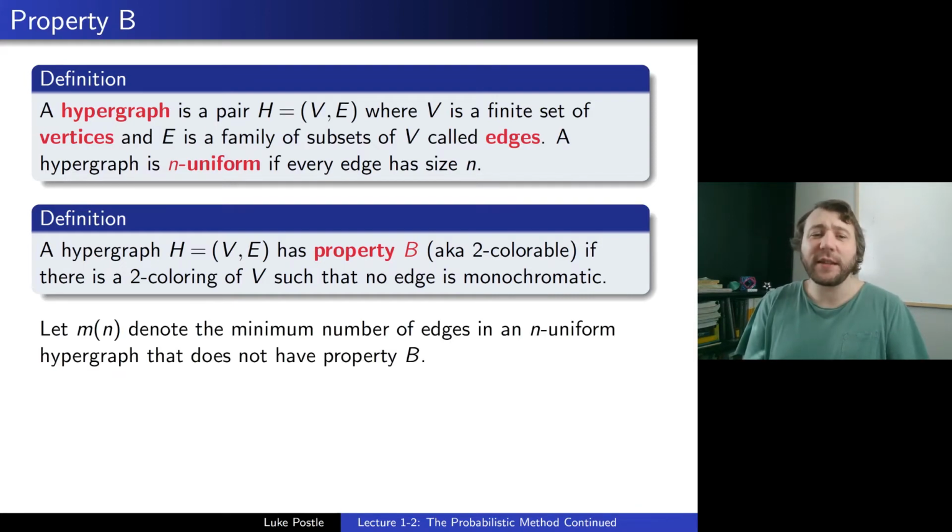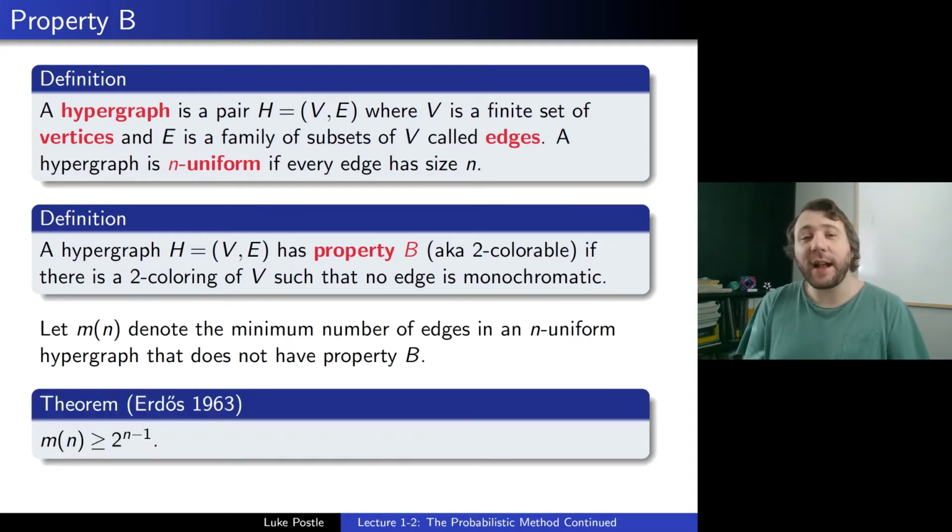And then the question of interest is, let m(n) denote the minimum number of edges in an n-uniform hypergraph that does not have property B. So an interesting question is, how few edges do we need to actually get a non-2-colorable hypergraph? So this attracted a lot of attention back in the day.